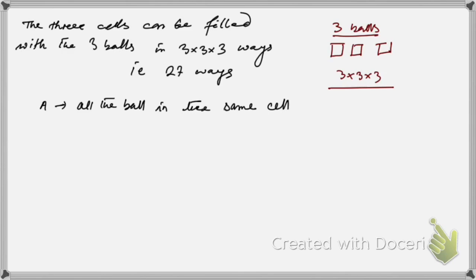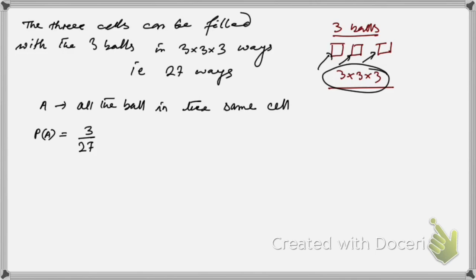Right? So then probability of A, it can happen 3 out of 27 times, because you see 3 balls in the same cell may be in this cell, it may be in this cell, or it may be in this cell, right? So 3 out of 27 ways.